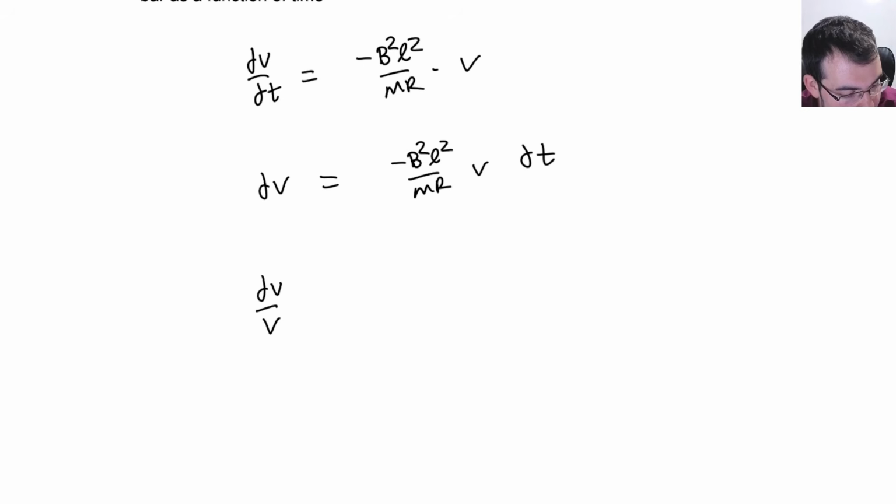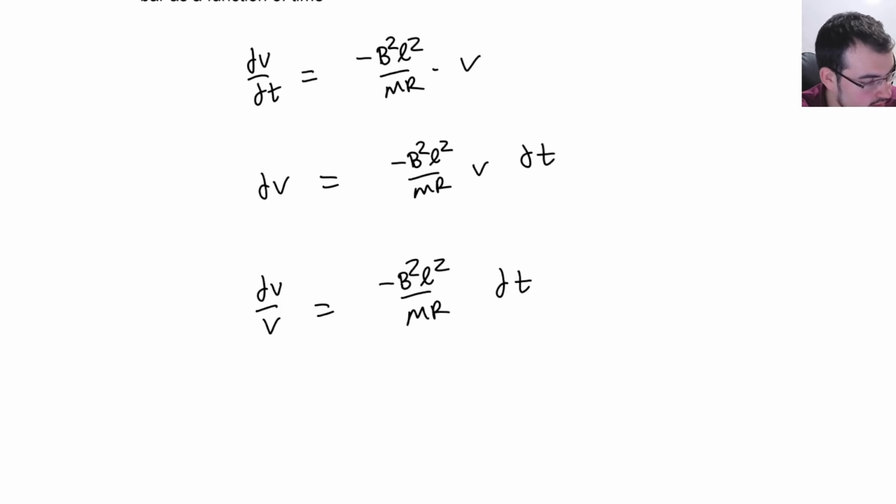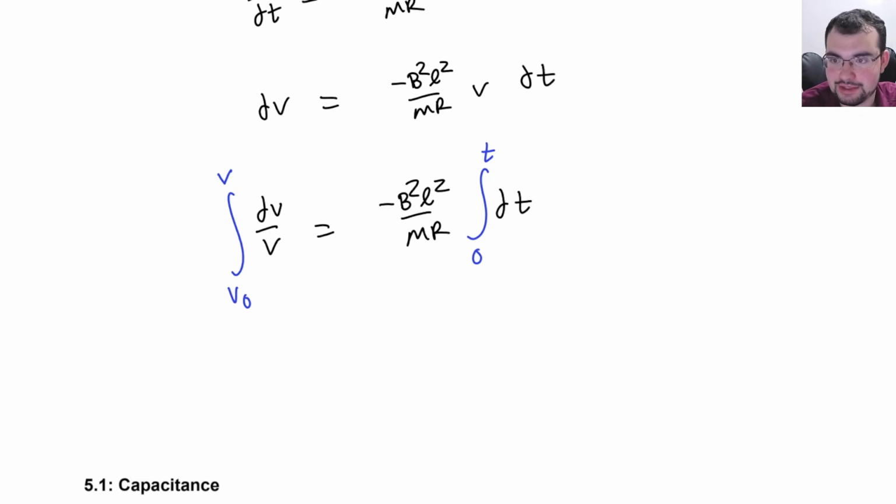So I get dv over v equals negative B squared L squared over mR times dt. Now we integrate. Time goes from 0 to t. V, I was launched at v0, and I end at some speed v I want to find.